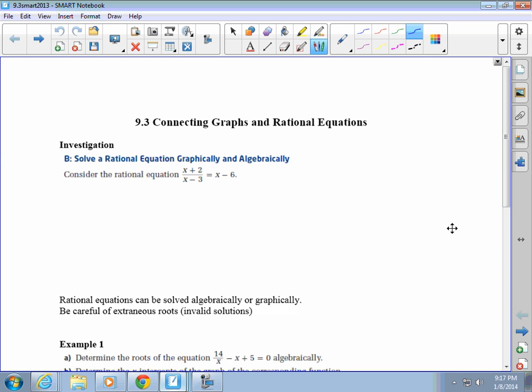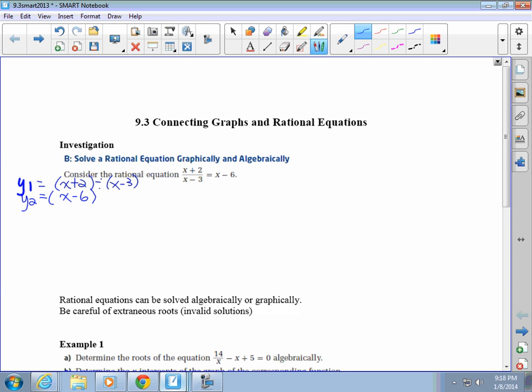You could do a table of values, plot all your points, and then do your graph, or in your calculator, which is much faster, put y1 equal to x plus 2, in brackets, divided by x minus 3, and y2 is x minus 6. You need the bracket around the first one because we're going to do the divide.